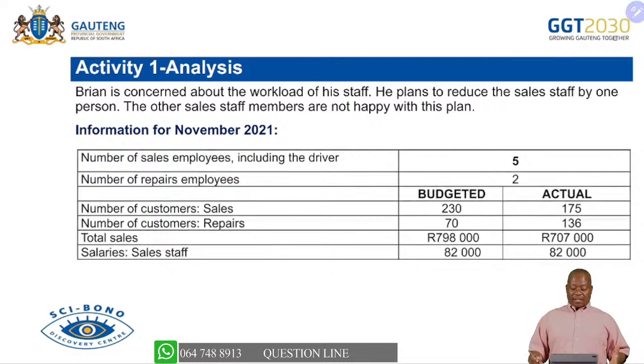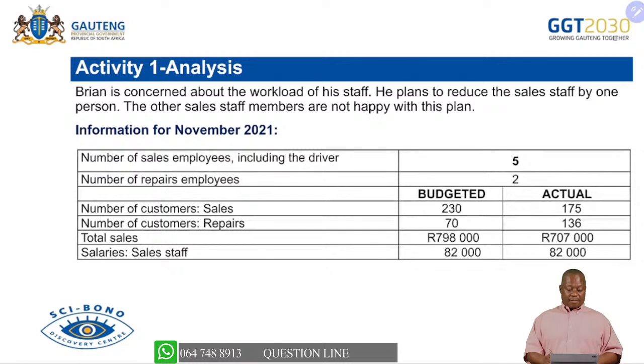What it means is, if we divide 5 into 230, it can give us roughly the number of customers we expect every sales rep to serve. But are we achieving that? No. They are serving far less than what they should have served. So is the owner justified for taking 1 off?